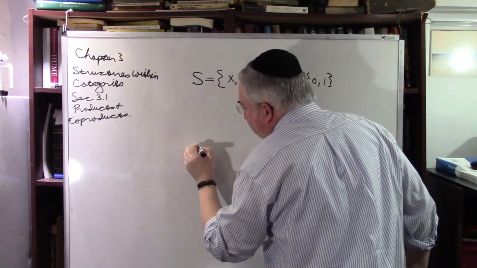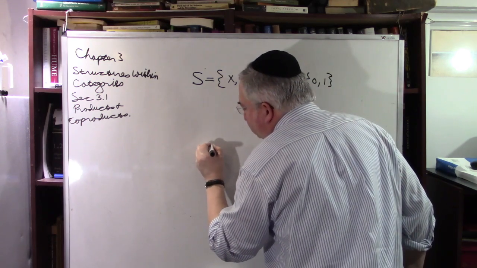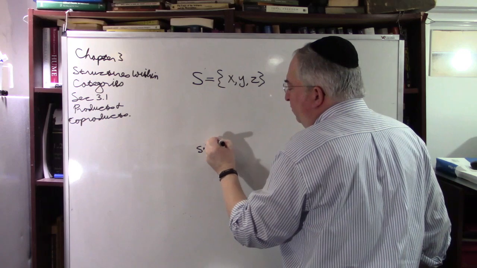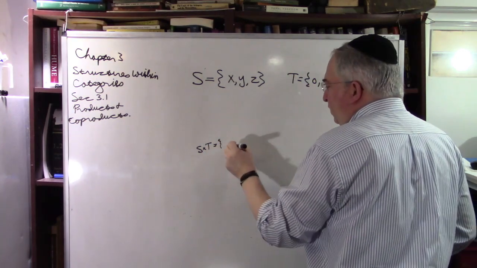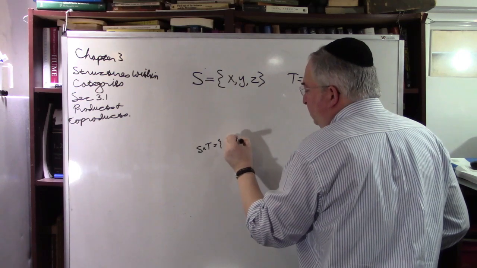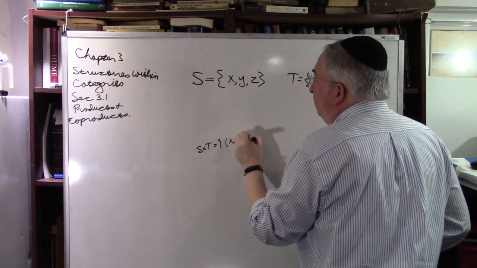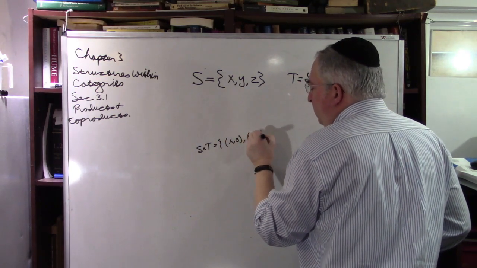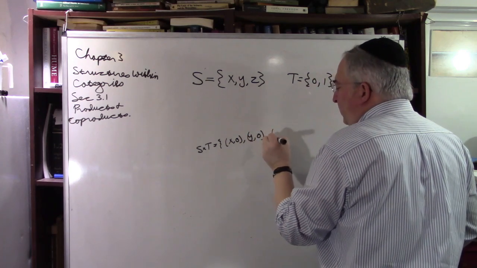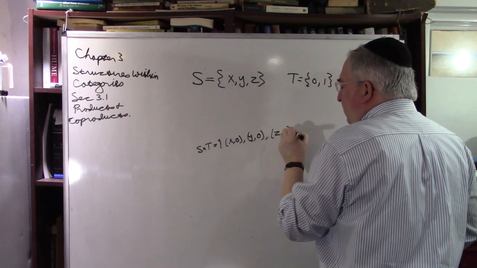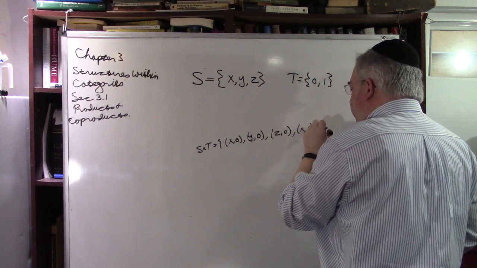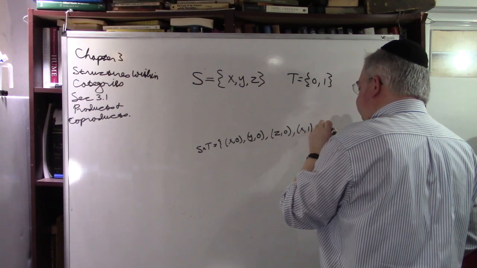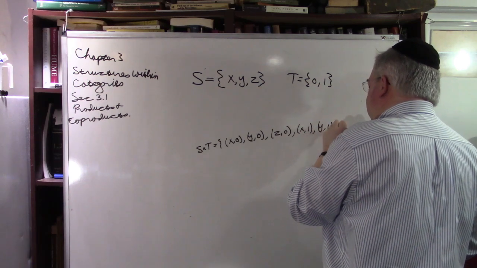So let's do that. S cross T. Let's just remember what that is. Those are ordered pairs of elements. So it's (X, 0), (Y, 0), (Z, 0), (X, 1), (Y, 1), (Z, 1). It doesn't matter what order you write them in.